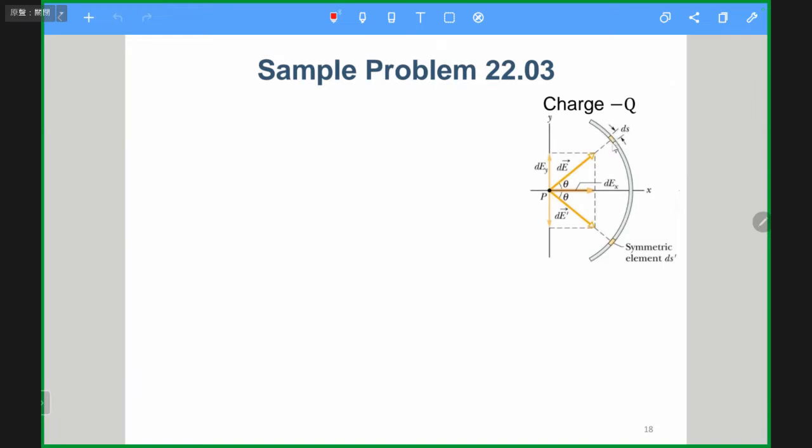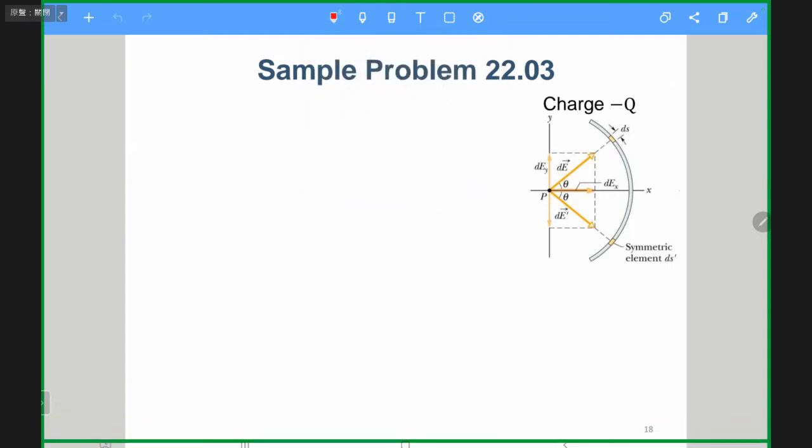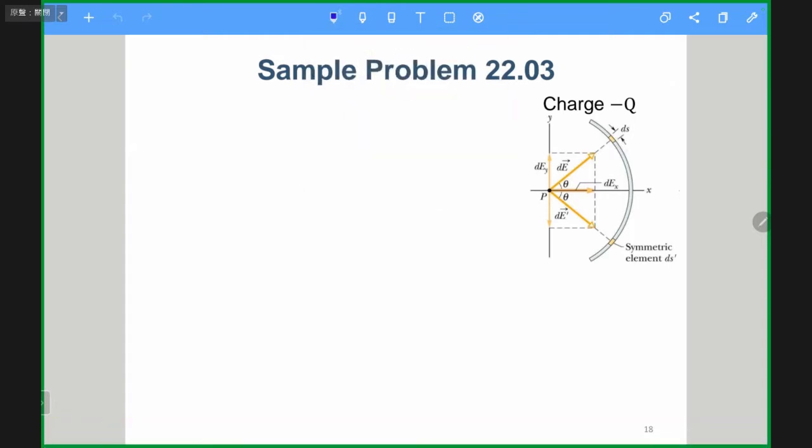This is ds, and this is the x-axis, and we find the coordinate system so that this part and this part are symmetric about the x-axis. For any ds, you can always find a symmetric part over the x-axis. This is ds prime, which is symmetric to ds.